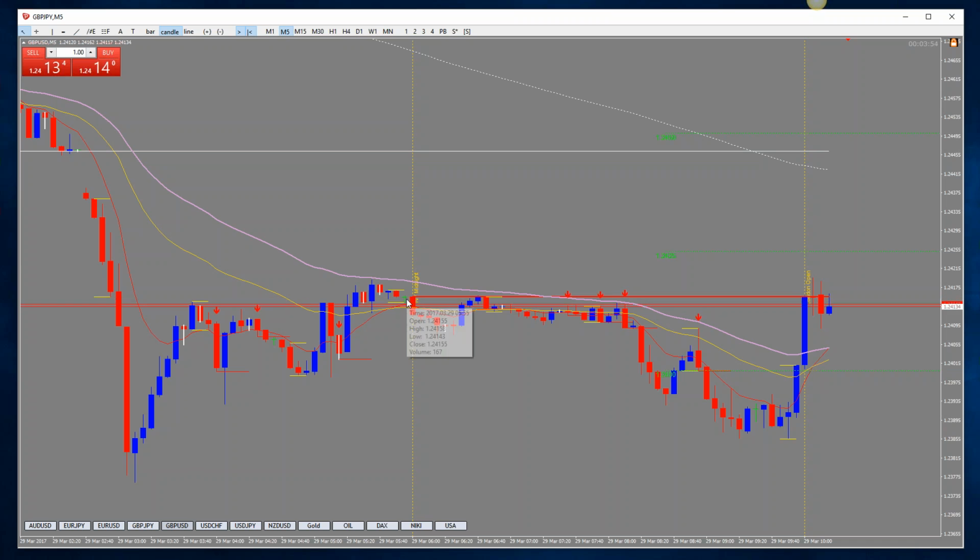Now the other trade that I normally take would be an inside bar, and I've got my inside bars marked with a white wick. As you can see here, this is an inside bar here and here.